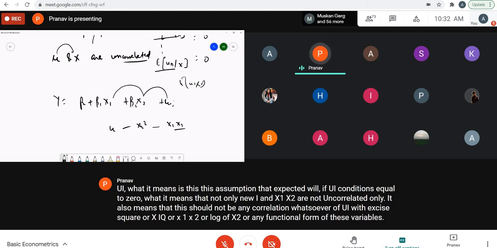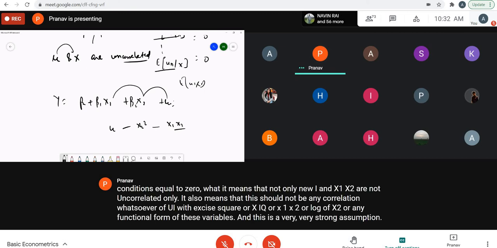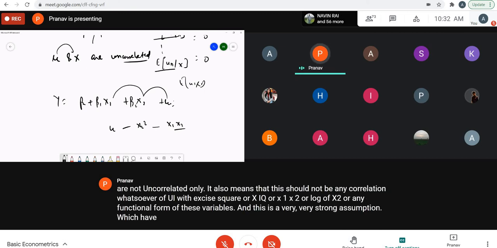And this is a very, very strong assumption which has huge implications.